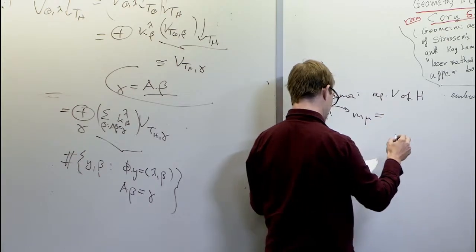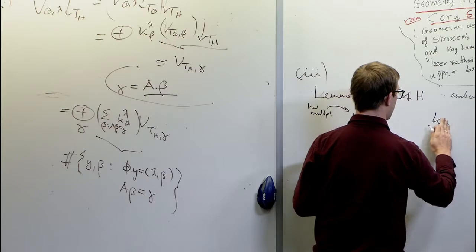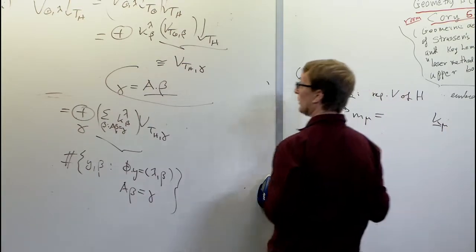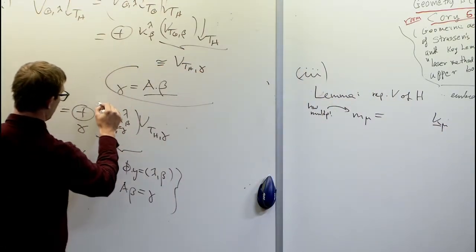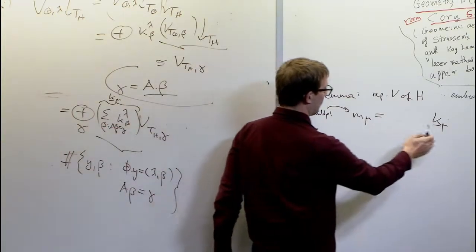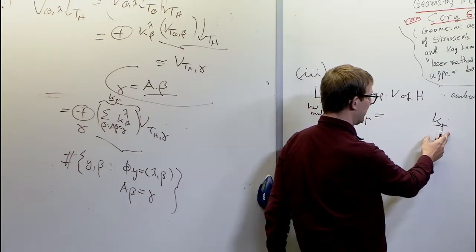And I can relate it to what I call K lower bar mu. So I have this weight multiplicity function, which I managed to compute with Barvinok.